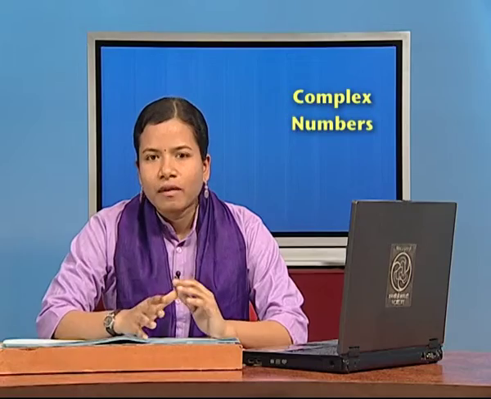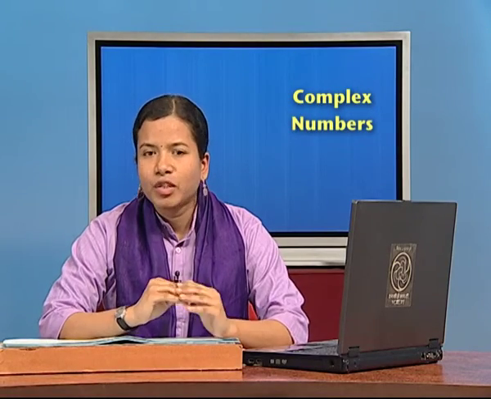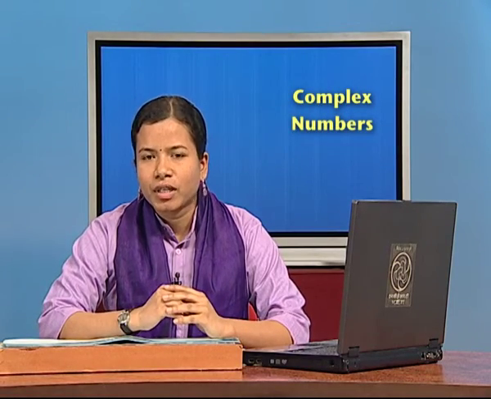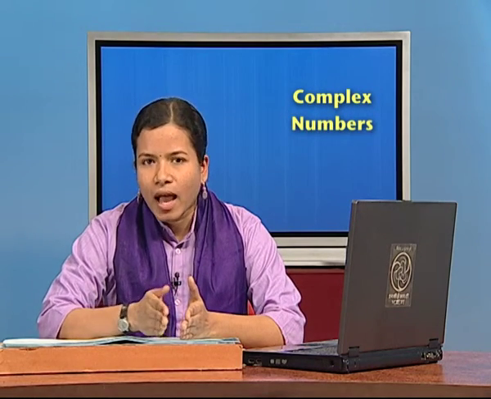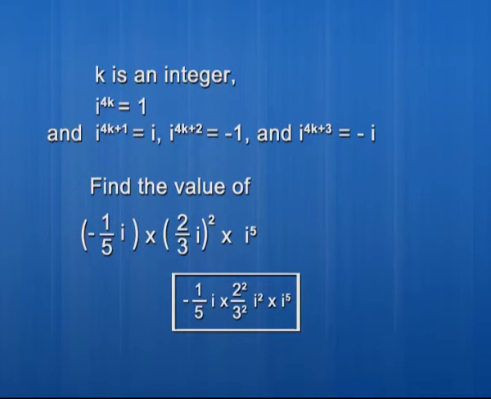Now, for solving this kind of product, what do we do? We take all the numbers before i together and multiply them, and we take all the powers of i together and multiply them.